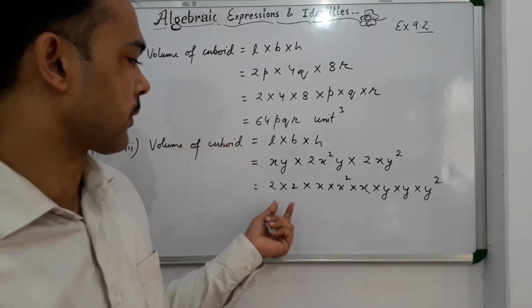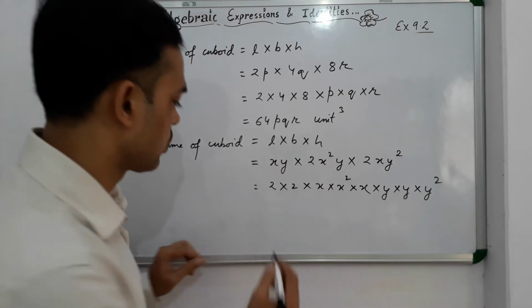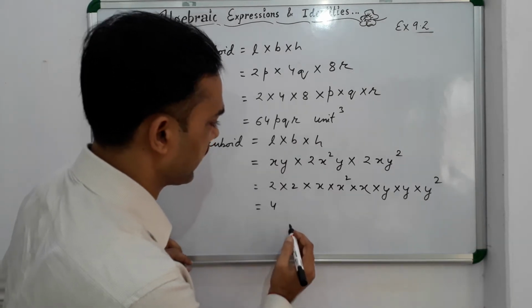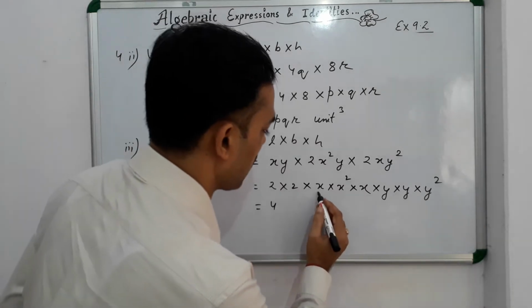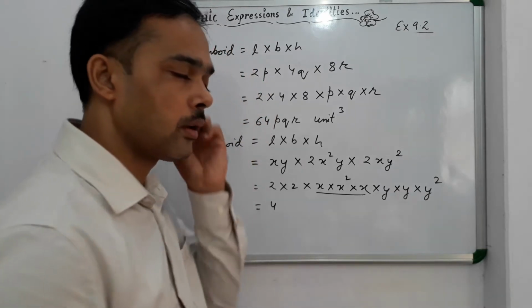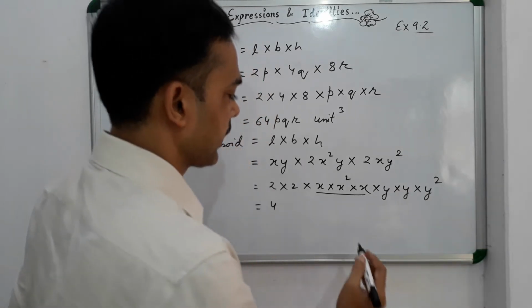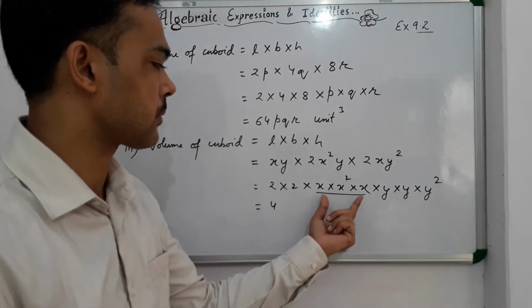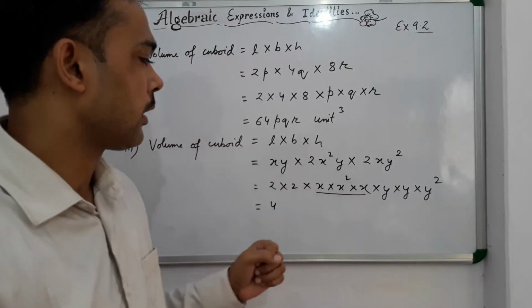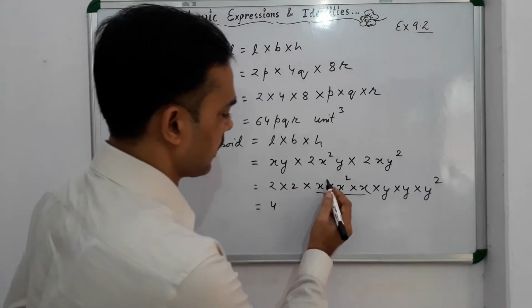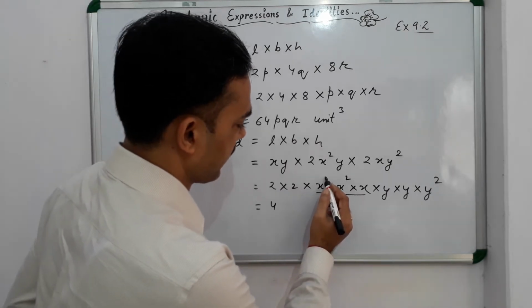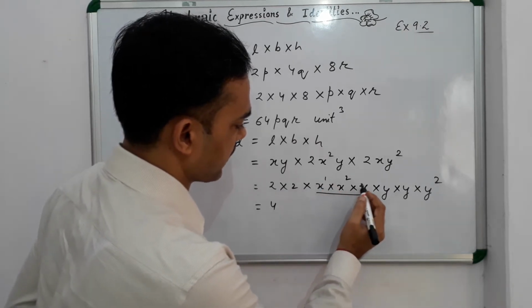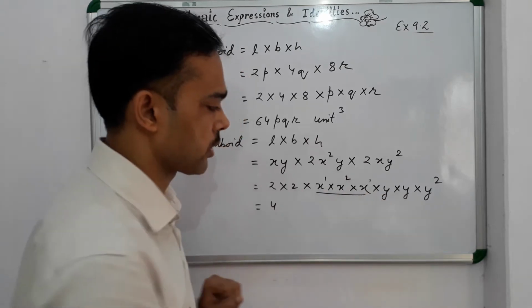When you multiply 2 with 2, you get 4. Now you know the laws of exponents: the base is the same. In all these three terms there is x, and if there is no exponent, it means it is 1. Over here also it is 1.